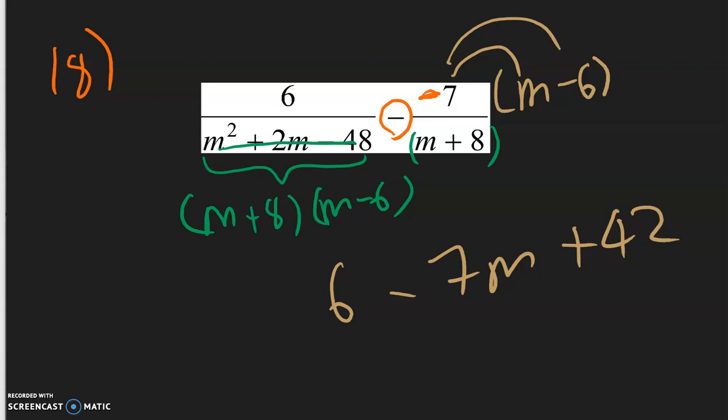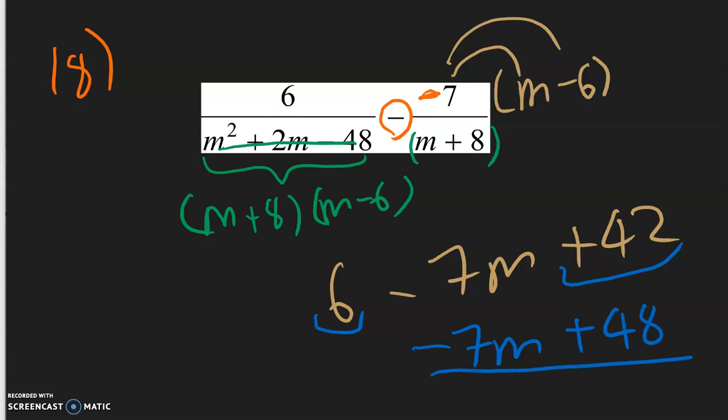Combining like terms, we have, let's put the term with the variable first, and then we have the 6 plus 42, which is 48. And the denominator is going to be the two factors that we have, m plus 8 and m minus 6. And that's your final answer.